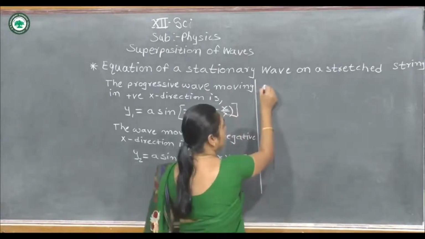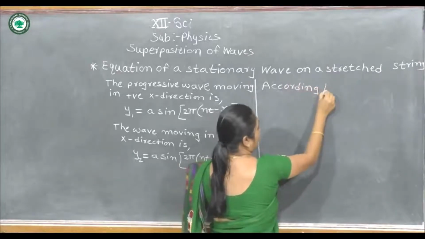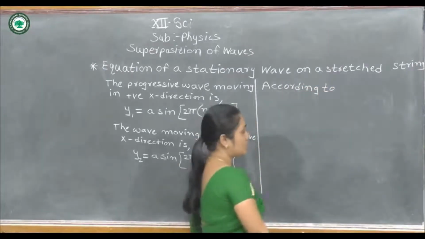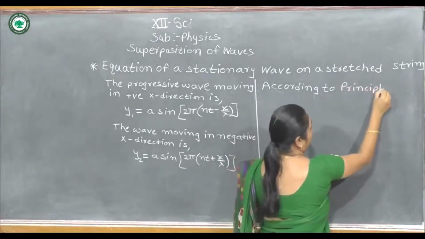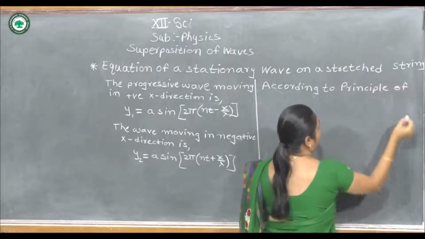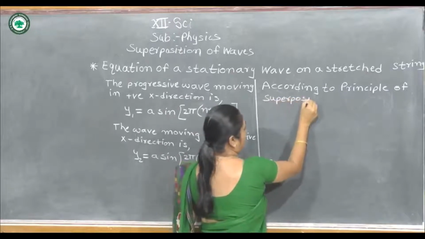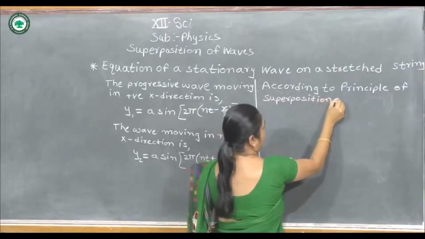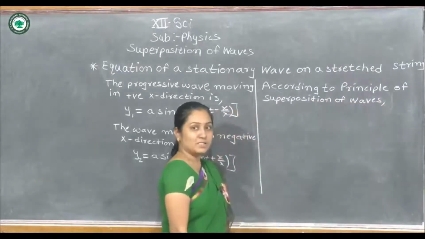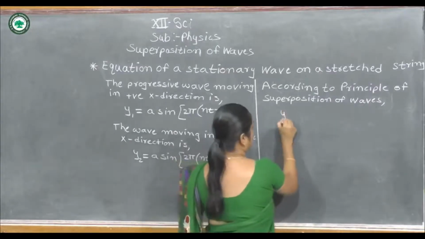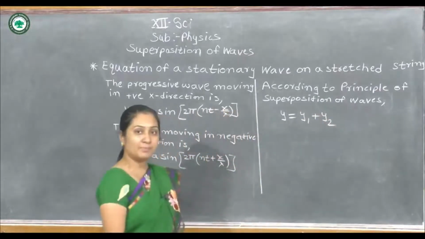So according to the principle of superposition of waves, the resultant displacement y is equal to y1 plus y2.